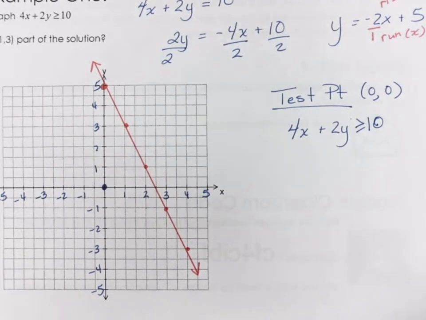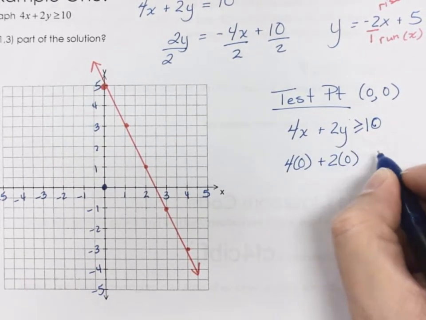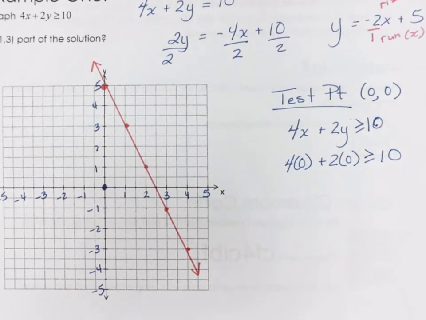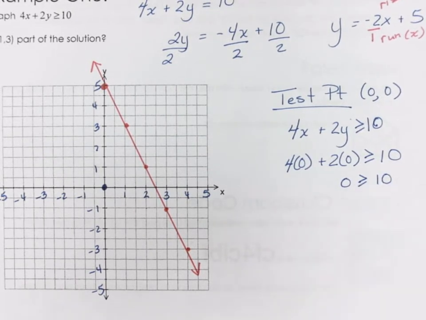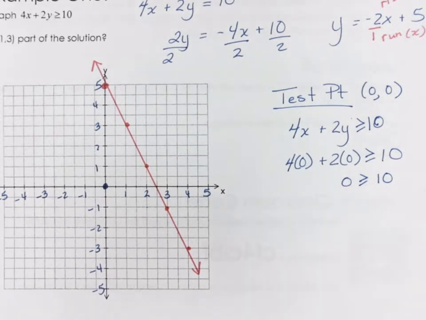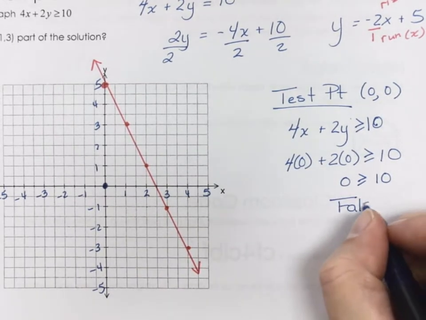All right, so I'm going to have 4 times 0 plus 2 times 0 is greater than or equal to 10. So 0 is greater than or equal to 10. Is that a true statement? No, so that would be false.